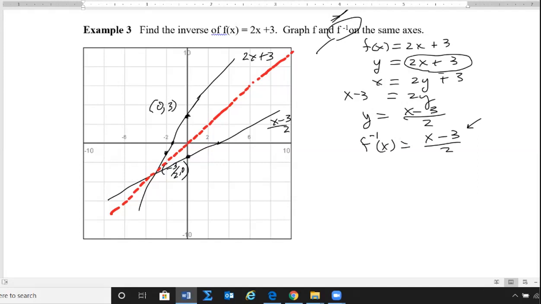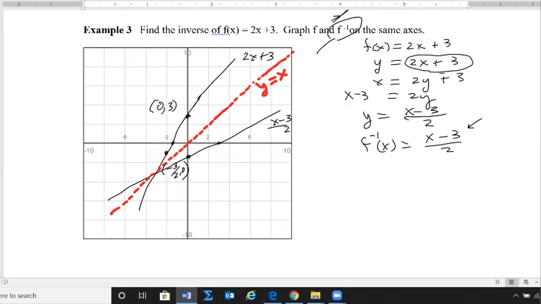There's a symmetry over this y equals x line. So whatever you see here, it's like a mirror image flipped over. Okay, remember we had symmetry with respect to the y-axis and so forth. Well, this is symmetry with respect to the line y equals x.